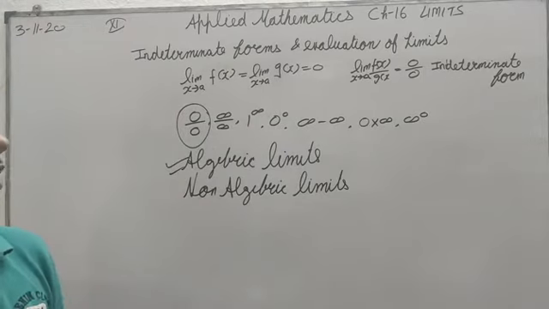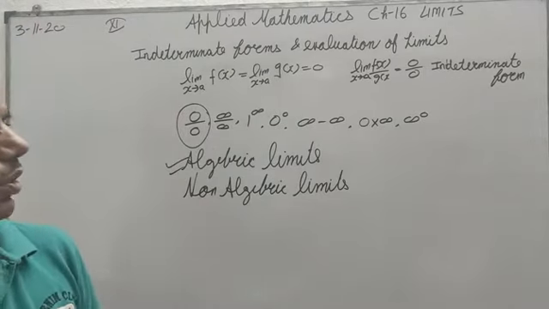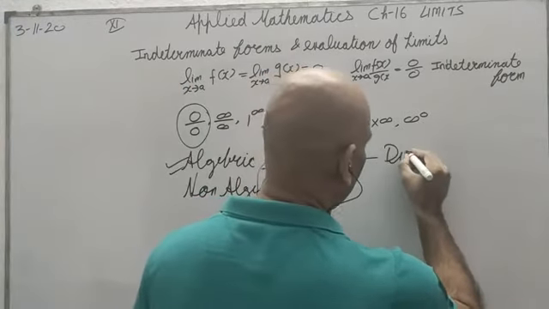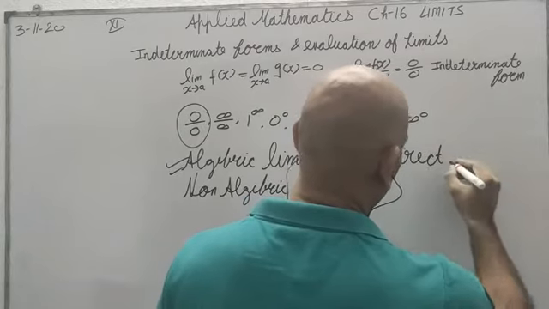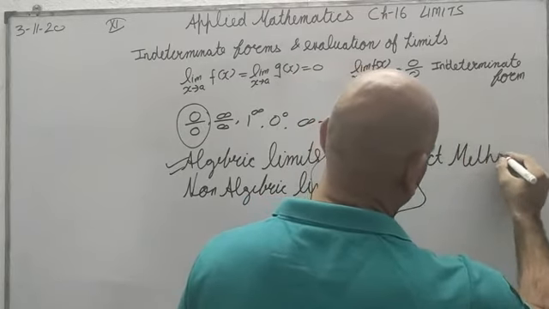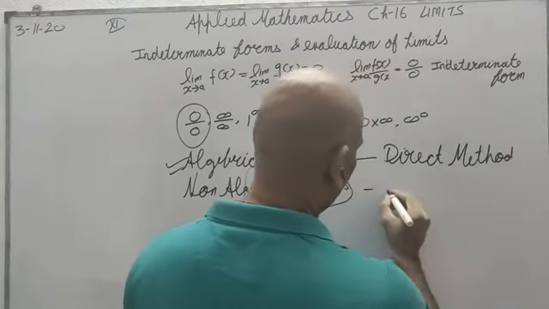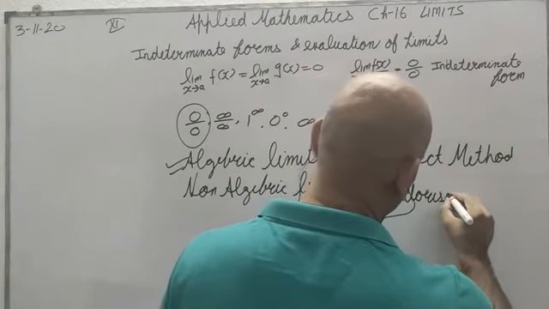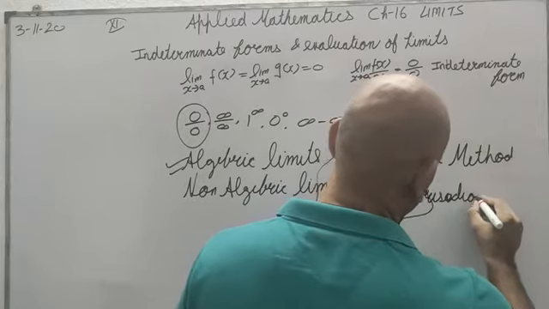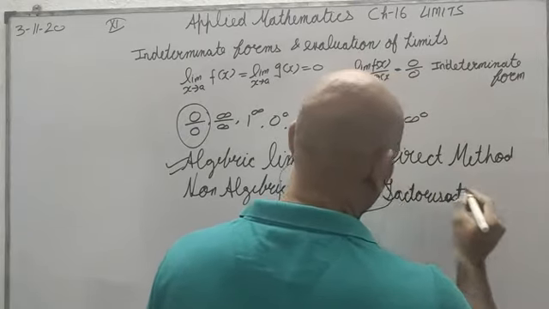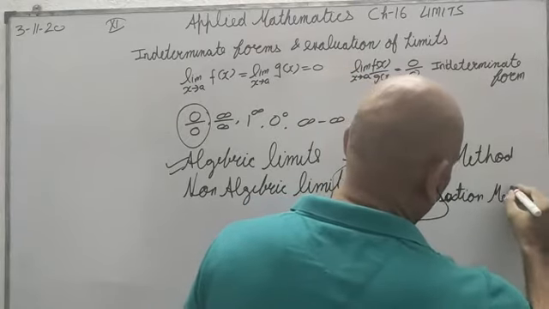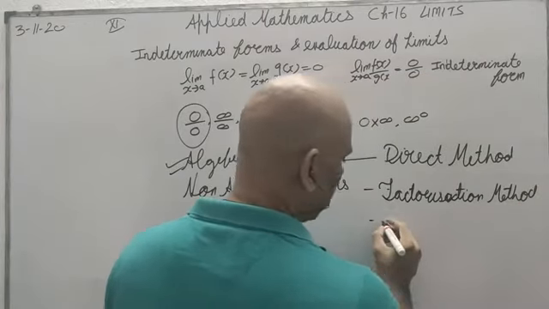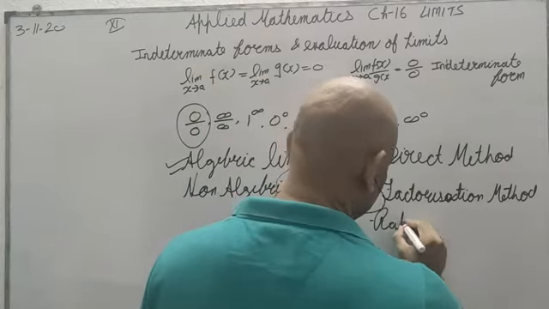Now, for evaluation of algebraic limits, we will study many methods. One of them is the direct method. The second one is the factorization method. The third one is the rationalization method.